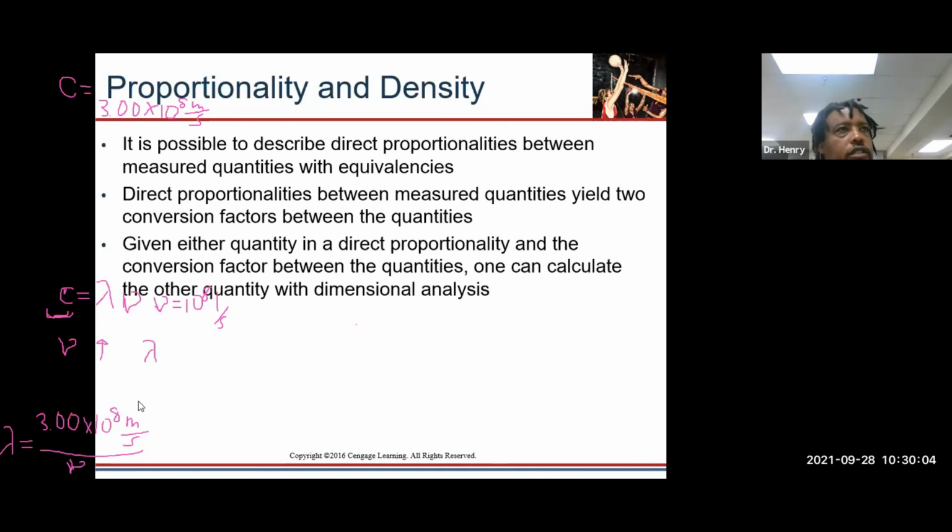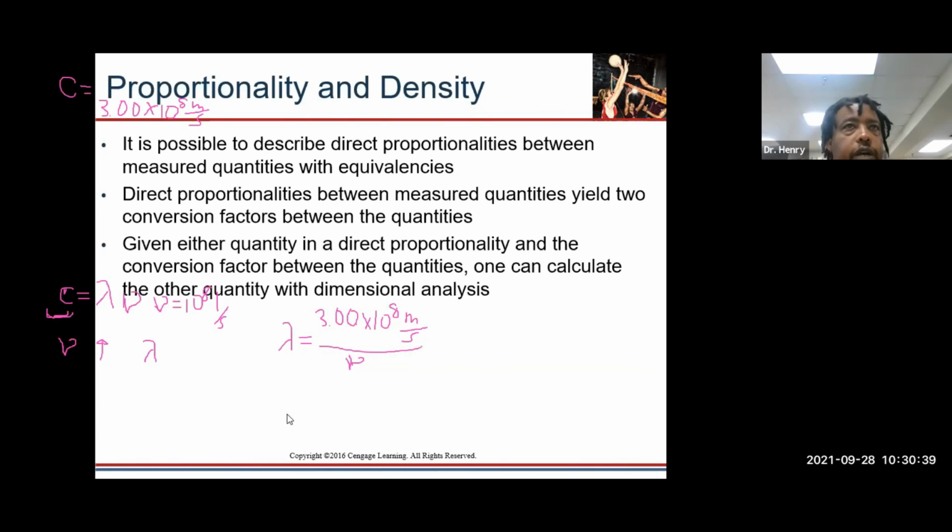Okay, so this is what this equation is saying, right? Because we said that C is always going to be the same number all the time. So this is new down here.